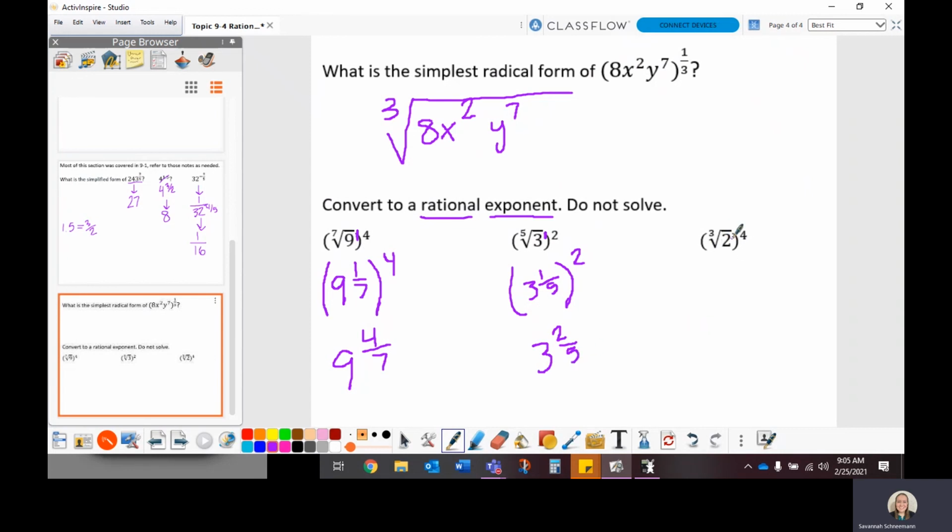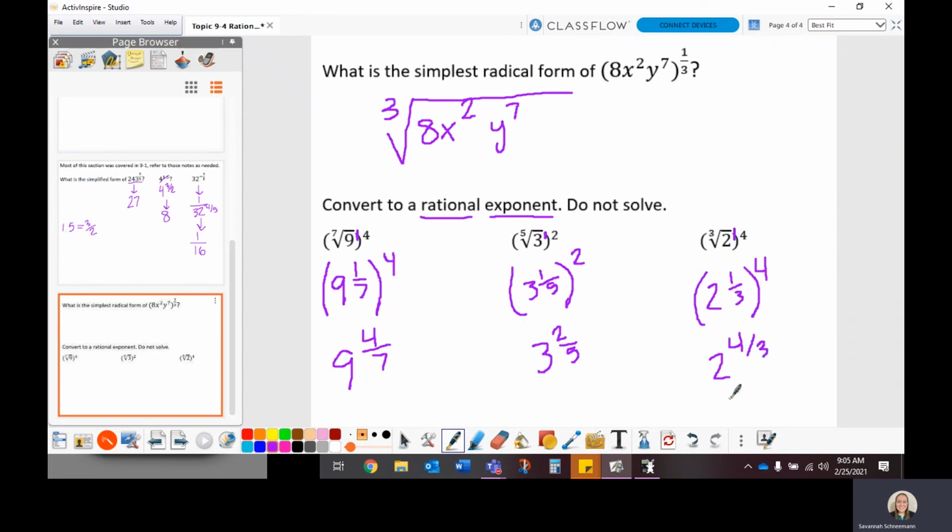And then lastly, exponent of 1, so this is going to be 2 to the 1/3 power raised to the 4th. 4 times 1/3 is 4/3, so this is going to be 2 to the 4/3.